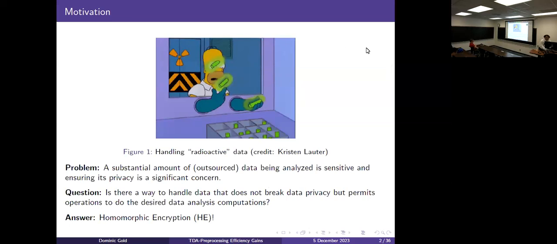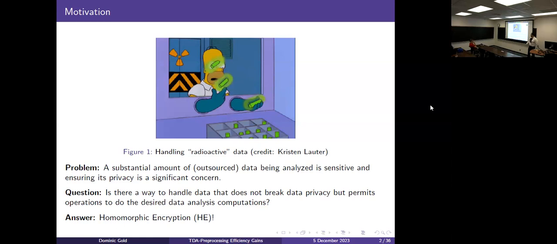Okay, so like I said, there's a lot of data in this world where you really want it to be analyzed and you'd love for things to be done to it. But unfortunately, it's really protected, right? You don't want to outsource it without the proper protections. You want to make sure it's under lock and key. You want to make sure that someone working on it isn't looking at things they're not supposed to.